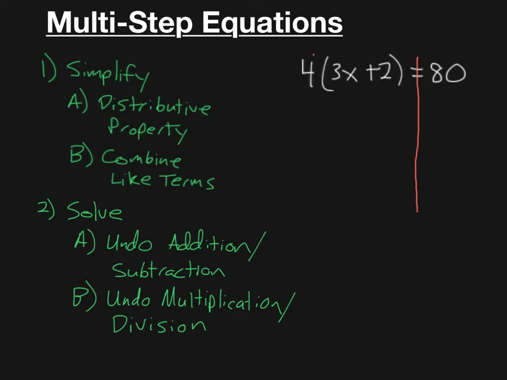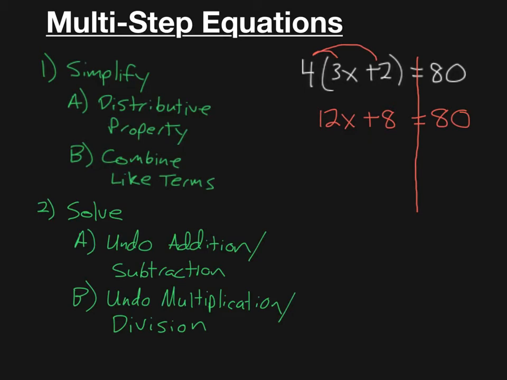So that means we're going to do 4 times this first term, and we're going to do 4 times the second term. 4 times 3x is 12x, and 4 times 2 is 8. And this equals 80. Now there's nothing I need to simplify on the right side. 80 is just 80. There's nothing we can do to make that any simpler.